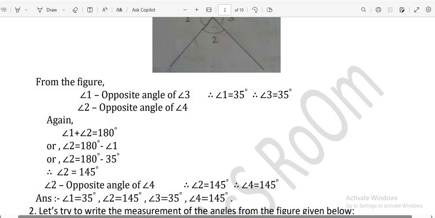We know angle 2 is the opposite angle of angle 4. Therefore angle 4 is equal to 145 degrees. The answer is angle 1 is 35 degrees, angle 2 is 145 degrees, angle 3 is 35 degrees, and angle 4 is 145 degrees.